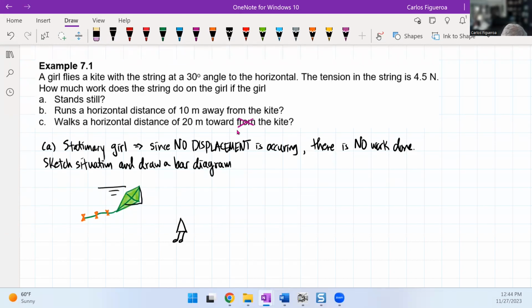Uh-oh, looks like my string's going to be wrong here. Then we need her arm, and the kite attaches to that string. And then we see her other hand right there. And of course, she has a blue dress. What we know here is that she is stationary at the spot.